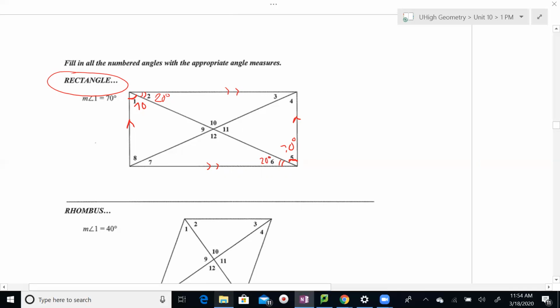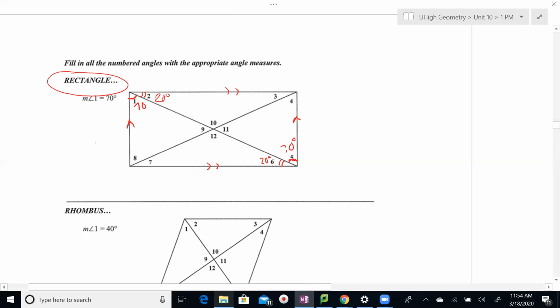Okay, so now I have a couple different angles, but I still don't have everything that I need. So right now might be a good time to flip back and take a look at those properties that we know about parallelograms. Okay, so, rectangles and parallelograms.